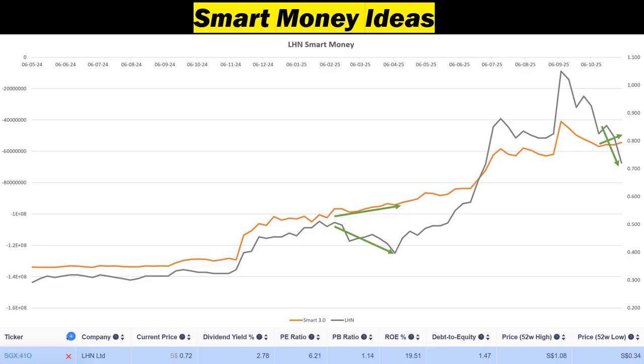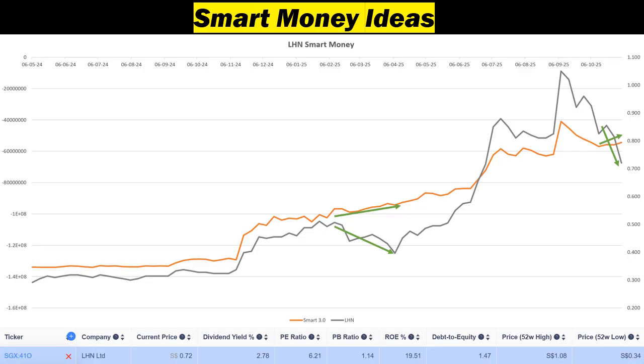Now we are seeing a little bit of the same pattern. Since early September, the share price of LHN has dropped from close to $1.10 to a recent price of close to 70 cents. But we can see that even as the share price starts to drop further, the smart money chart did not drop further since early October.